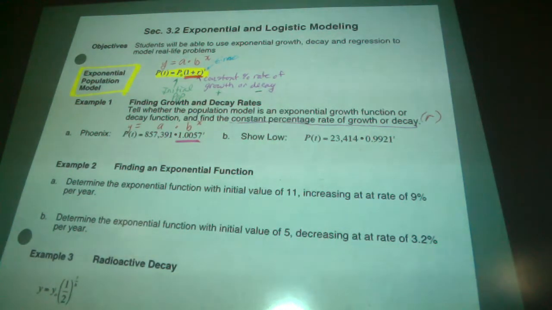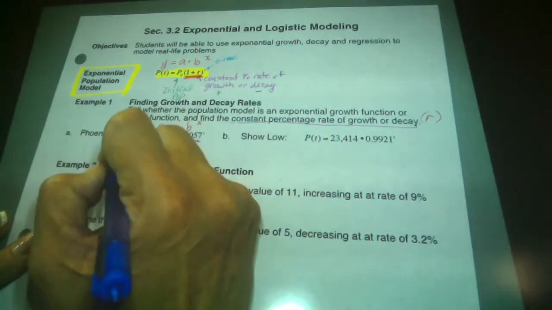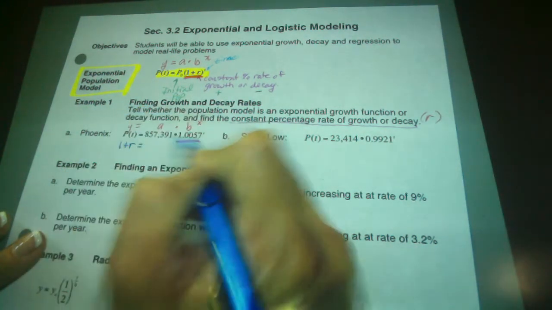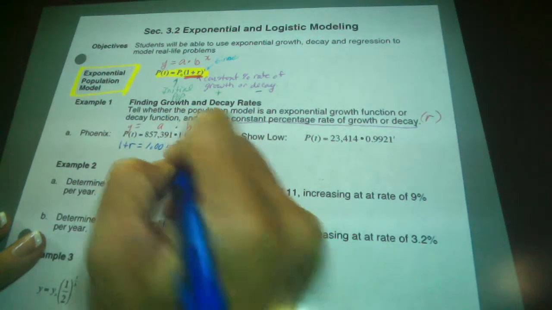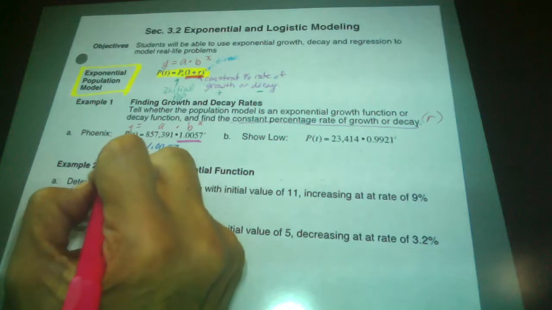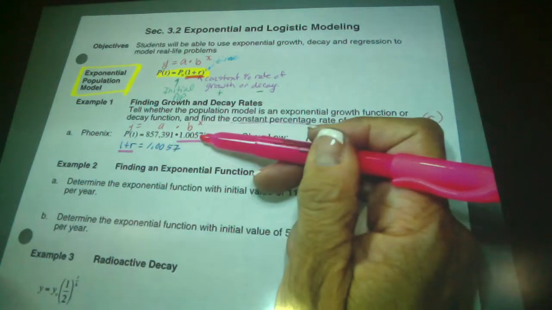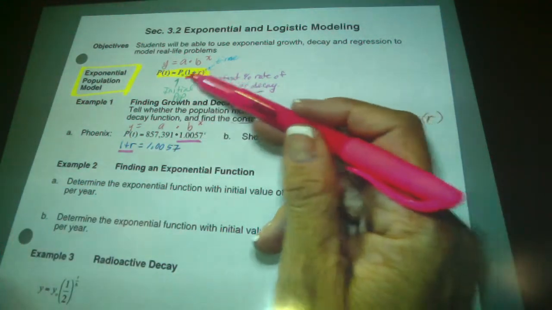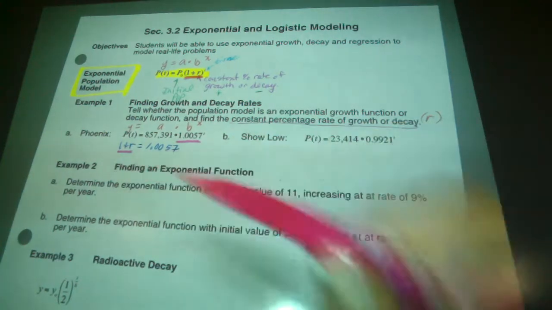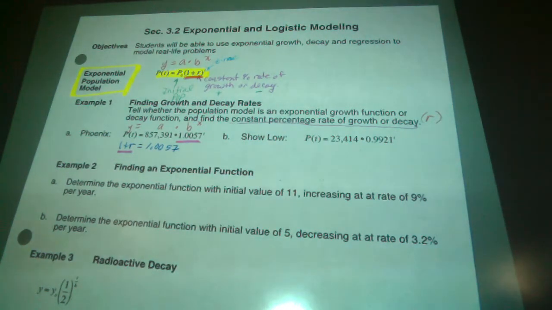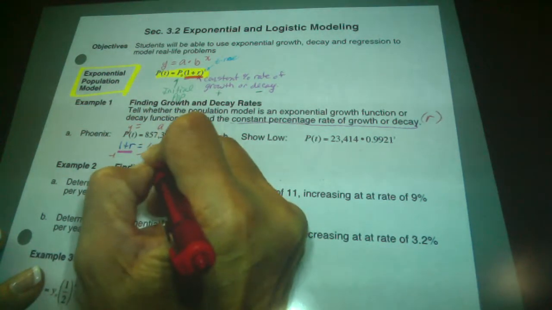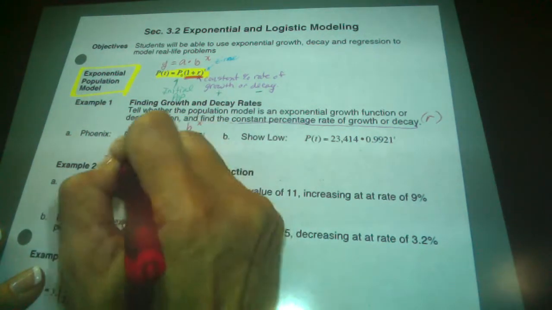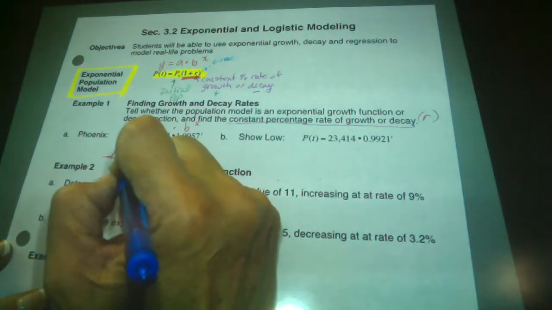So I can just pull that out of the equation, and I can say, okay, 1 plus R should exactly equal 1.0057. How do you solve for R? Subtract 1. So we're going to subtract 1 from both sides, and you get R equals.